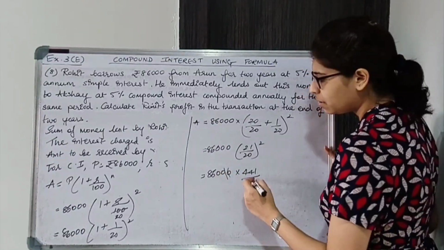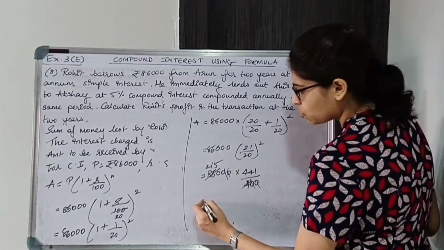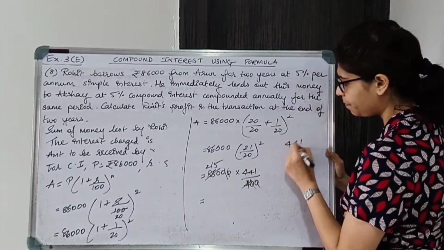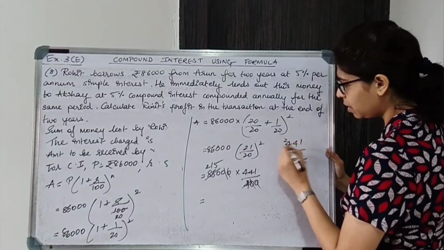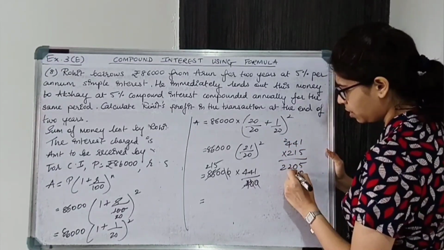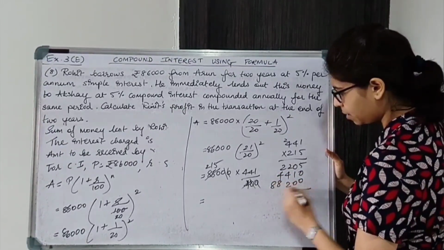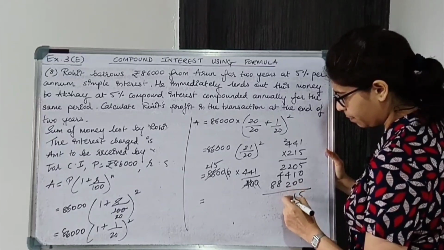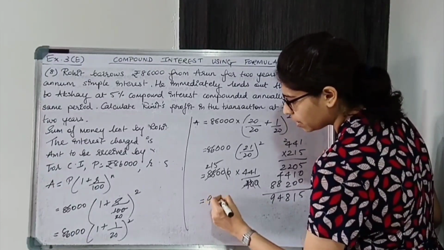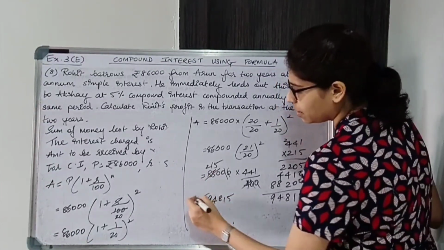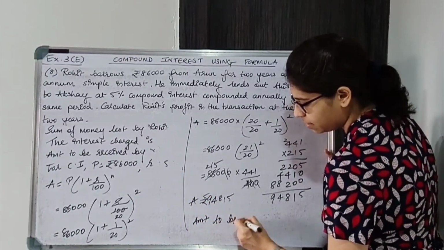Zeros will get cancelled. 4 twos are 8, 4 ones are 4, and 5 ones are 5, so 215 into 441 to multiply. So 5 ones are 5, 5 fours are 20, again 20 plus 2 is 22. Here 1 4 4 and here 2 8 8. So we'll get 94,815 rupees.